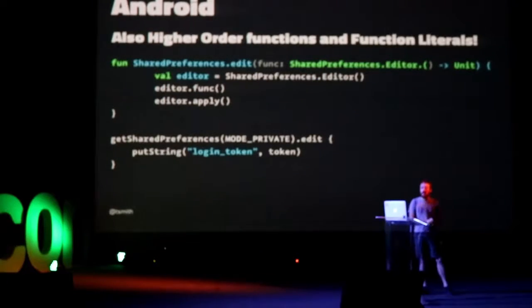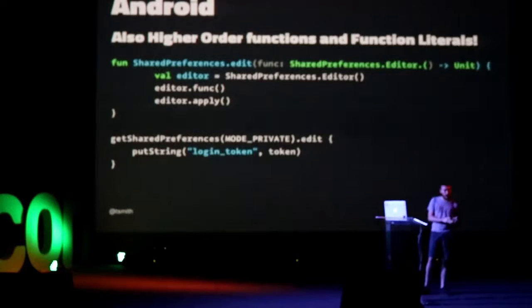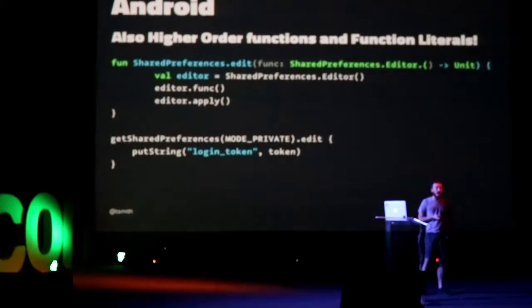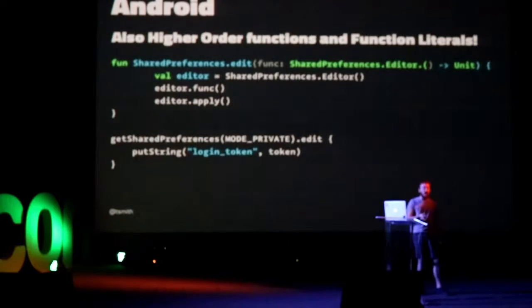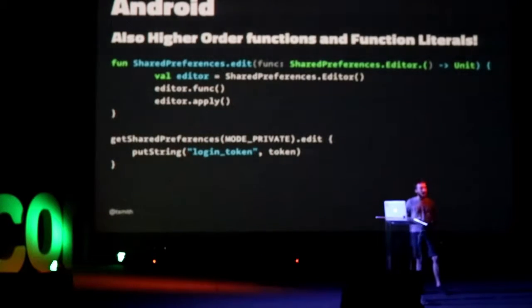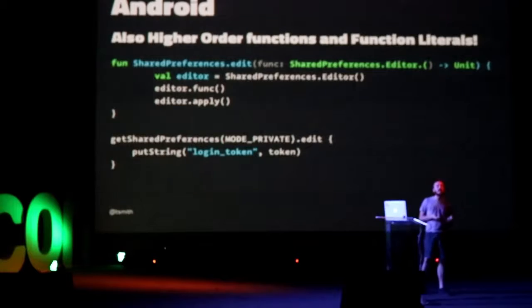Here's the same functionality, but using the last three concepts that we talked about in Kotlin: extension functions, higher order functions, and function literals. We add a method edit to the shared preference object that takes a function literal that's defined as another extension function of the editor class. Now, that can be a little confusing at first, but it's incredibly powerful.